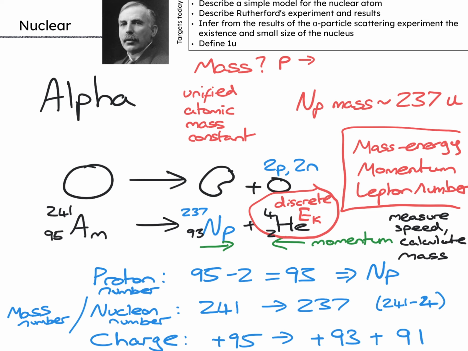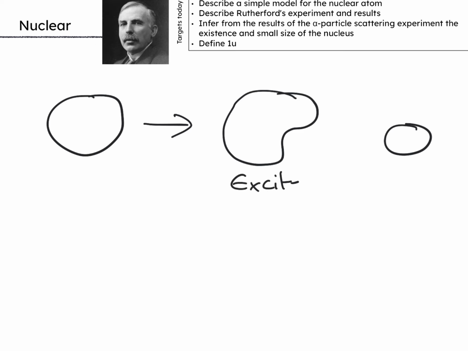It's quite a violent rupture and leaves the neptunium nucleus in an excited state. That's proper terminology, by the way, that you should learn to use. An excited state means that the nucleus is not in its lowest energy state.